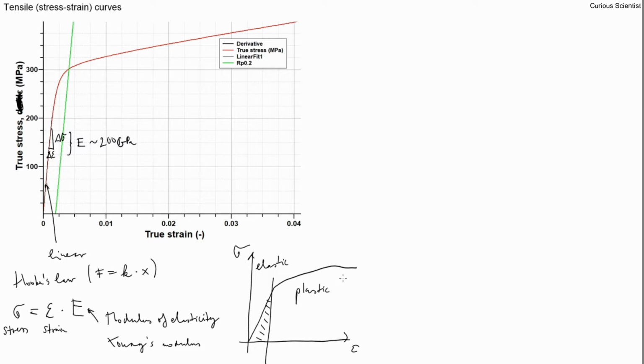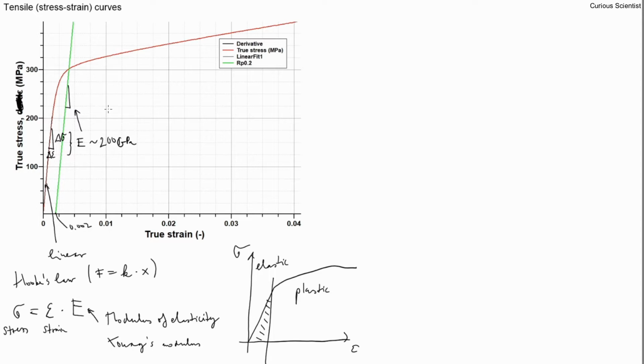So let's go back to the green line. What I did here, I used the same slope, but I shifted the curve by 0.2 percent. So in this sense, this is 0.002.